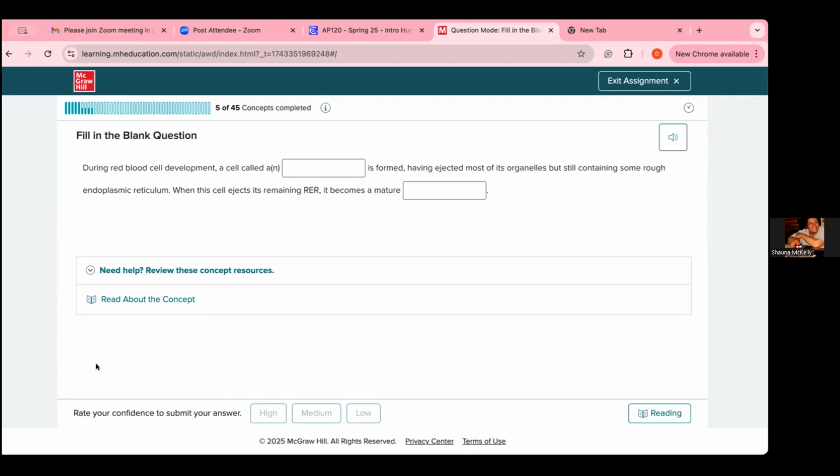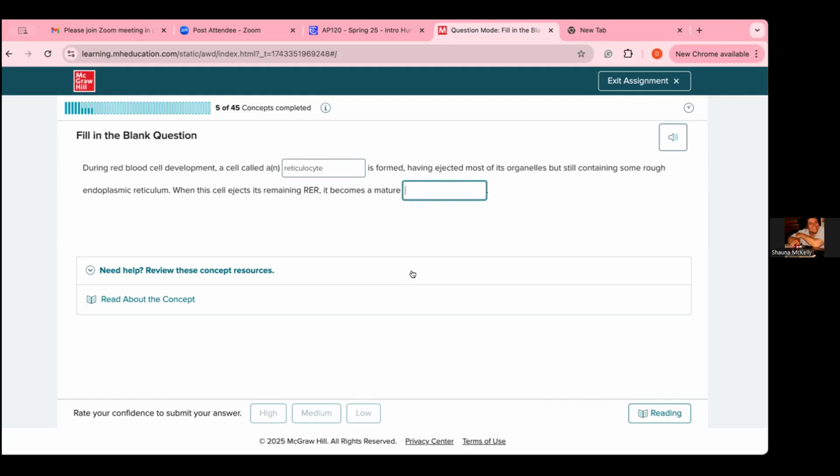R-E-T-I-C-U-L-O-C-Y-T-E. And the other one is erythrocyte, which I think is E-R-Y.